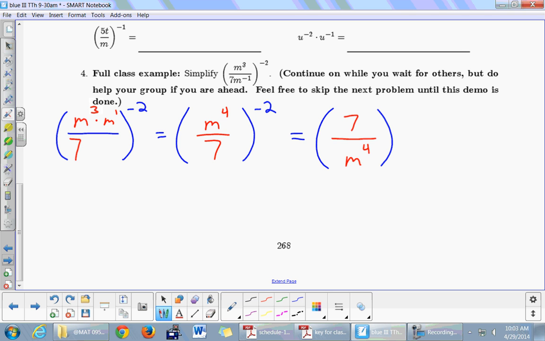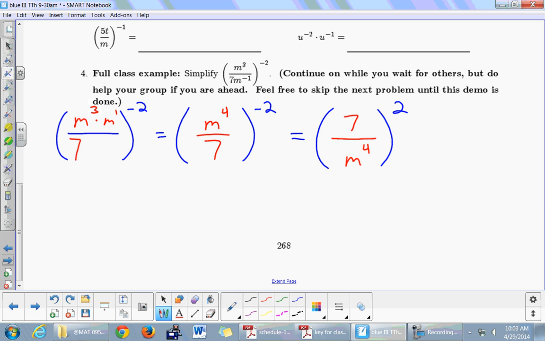But at the same time I do that, what do I need to do to my exponent? It becomes positive, okay? So that's a full-fledged step. Some people will get confused and try to square and flip at the same time. I think that's dangerous. So I would encourage you to just take care of the negative in one step. Negative exponent, flip everything, move everything.